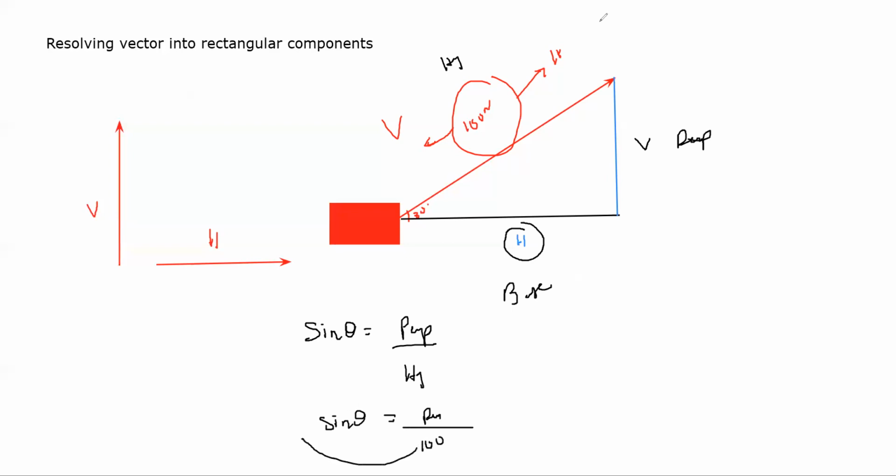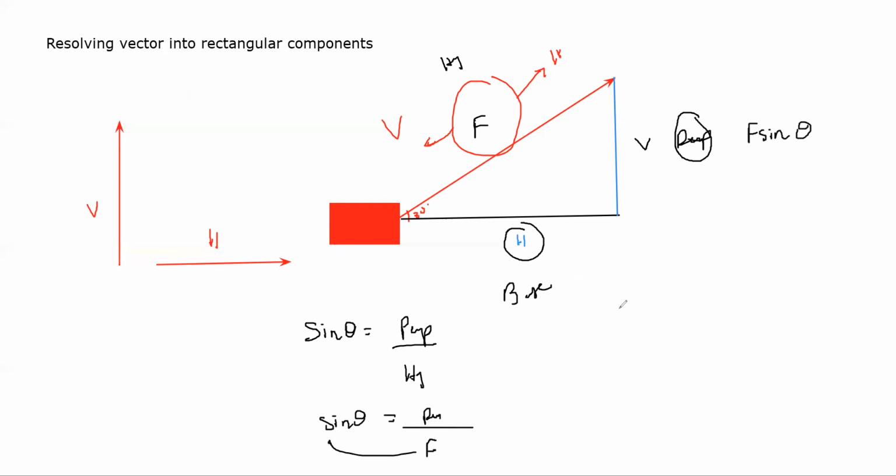Instead of taking 100, I'm taking a variable here, say f. So the hypotenuse will be equal to f. So f is divided, on the other side it will be multiplied. So the vertical component is equal to f sine theta.